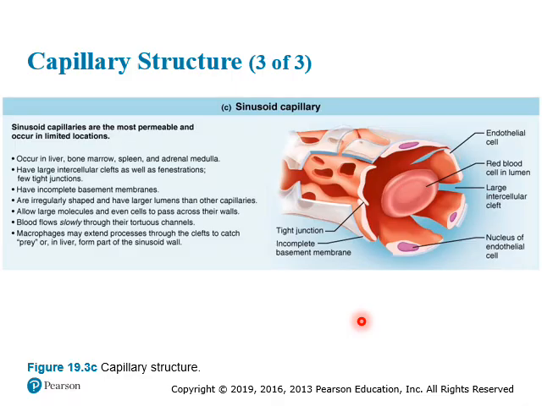Well, the sinusoidal capillaries have fewer tight junctions, and even the basement membrane is incomplete, and they are usually fenestrated with larger intercellular clefts. They have larger lumens. See this? They usually have bigger openings inside them, and they are found only in specialized organs such as your liver, the bone marrow, and the adrenal medulla.